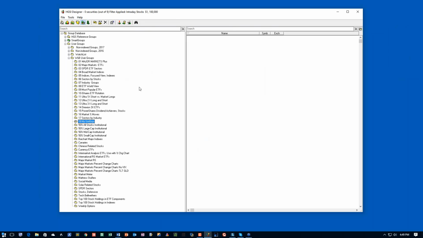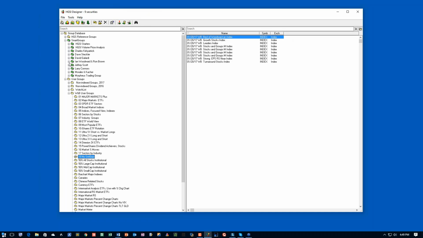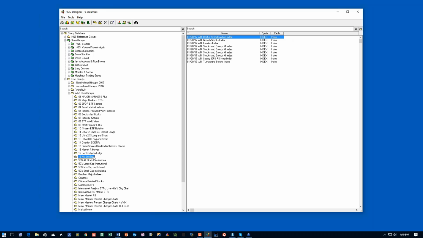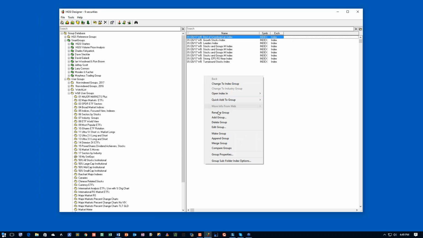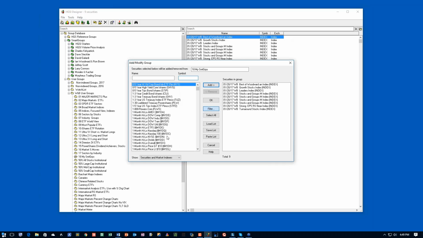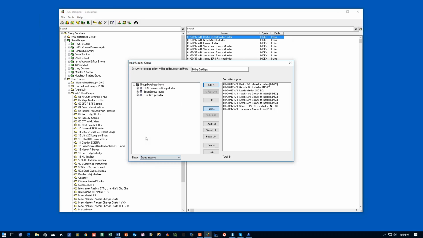If you go to the same smart groups all the time, rather than going up here and looking around for your groups, if you have some favorite groups, all you have to do is create this group, edit the group, go into the group indexes, locate the smart groups that you want, and just click on Add.